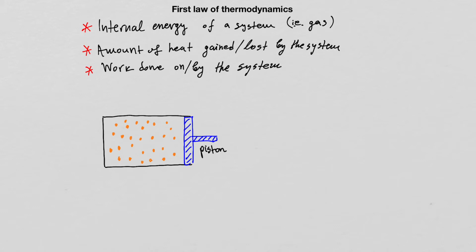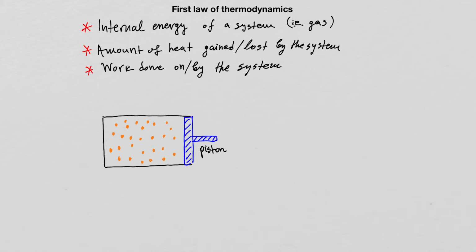One side is fixed, the other side is blocked by a piston that can move to the left or to the right, and the gas inside this cylinder is those orange dots, so those are the molecules. Left on its own, these molecules will be moving in all kinds of random fashion, and the gas or the system will have a certain amount of internal energy.